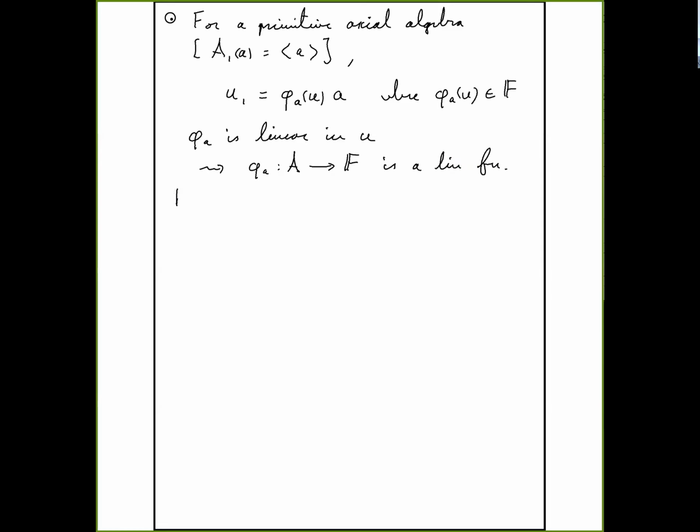Okay, and how does this help us with the Frobenius form? So a proposition. Let me just state precisely here, let this be a Frobenius form on a primitive axial algebra.